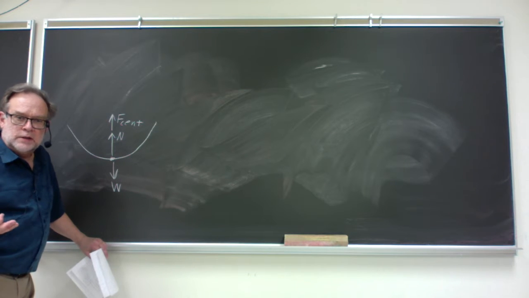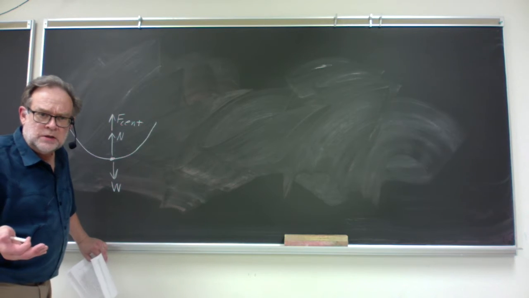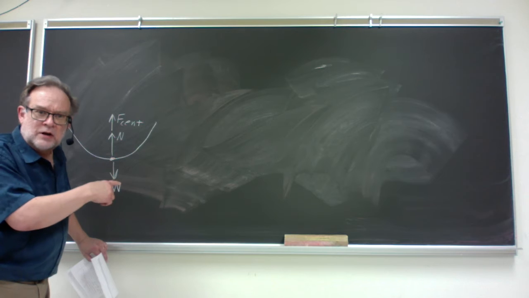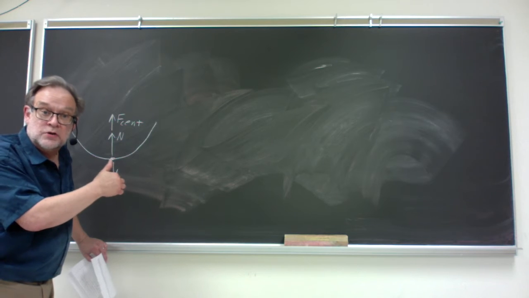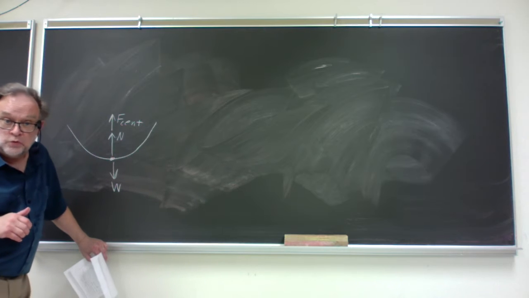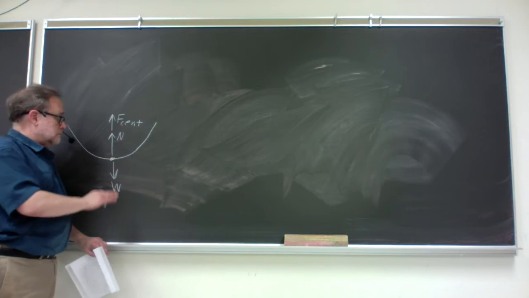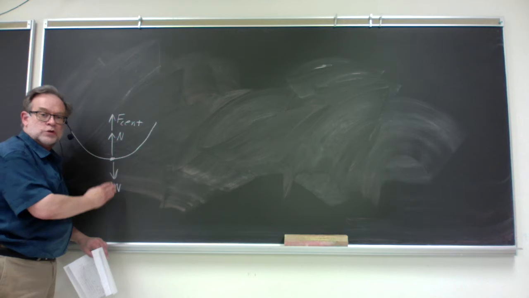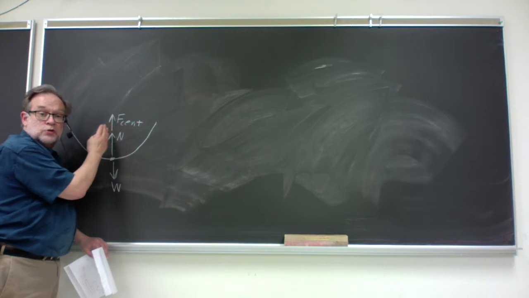And if you're moving at a constant speed, there are no forces that are changing your speed. The only forces there are the forces that are changing the direction of your velocity, the centripetal force. And as I said before, centripetal force points toward the center of the circular path.